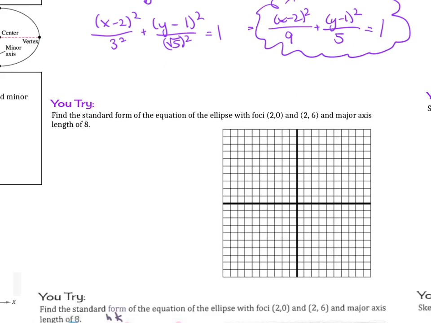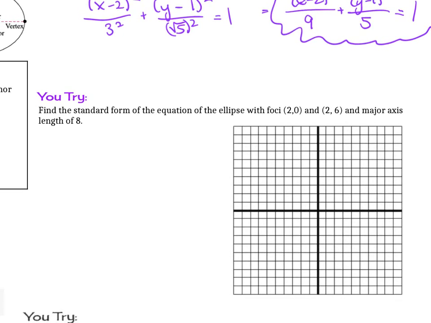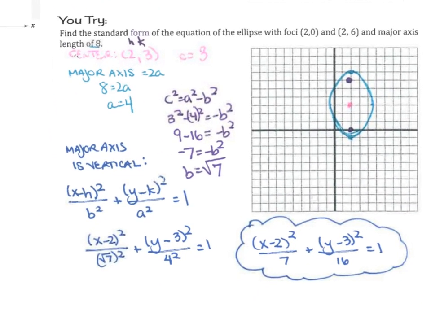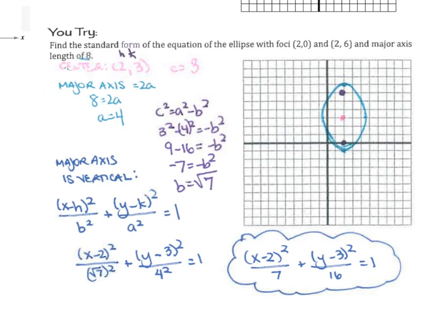So try this example here. Find the standard form of the equation of the ellipse with foci (2, 0) and (2, 6), and major axis length of 8. Trying this out, the center you would find is (2, 3), so hopefully we graphed it to help you out. Therefore c equals 3 in this case.